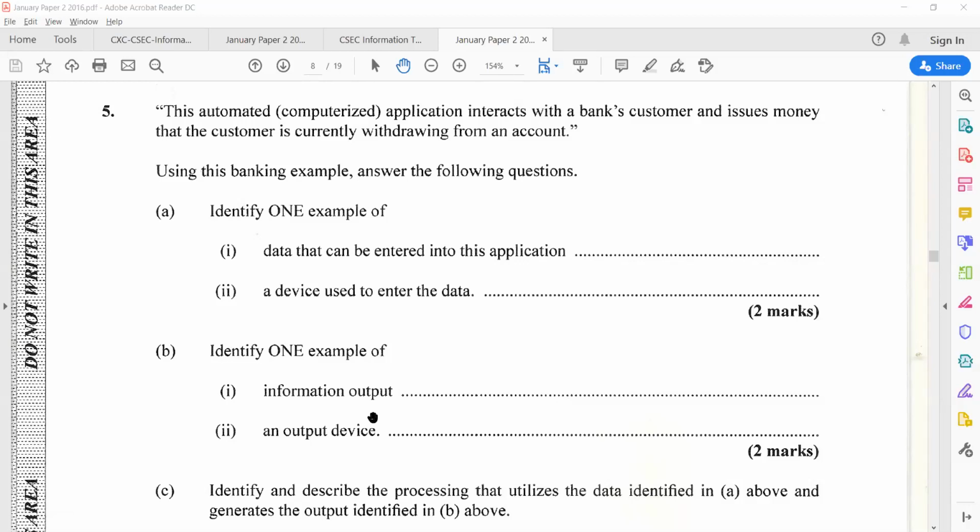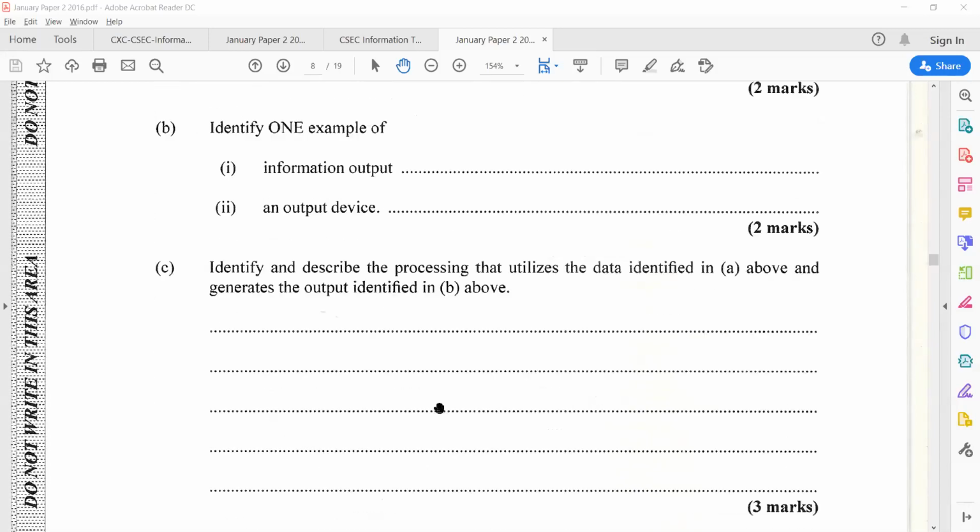How does the ATM communicate that to you? Using what device? So one device is the printer, right, to print the receipt. Another device could be the monitor or the visual display unit. So any one of those would have been okay.